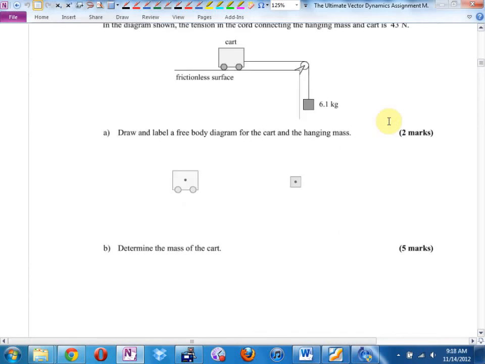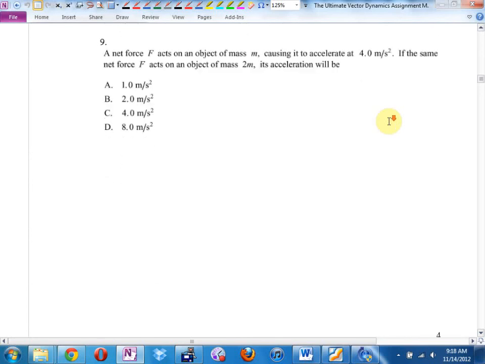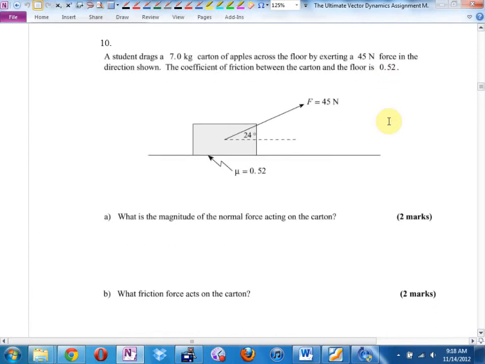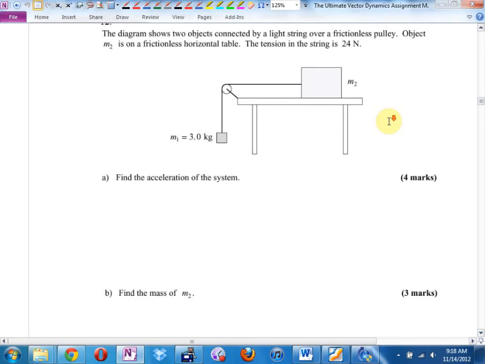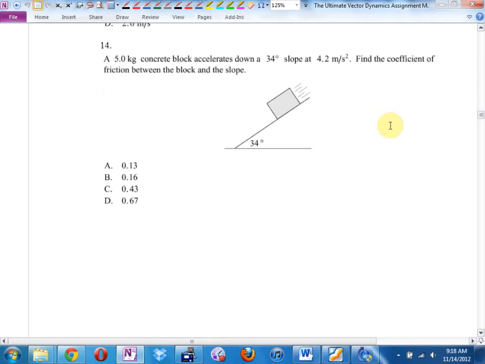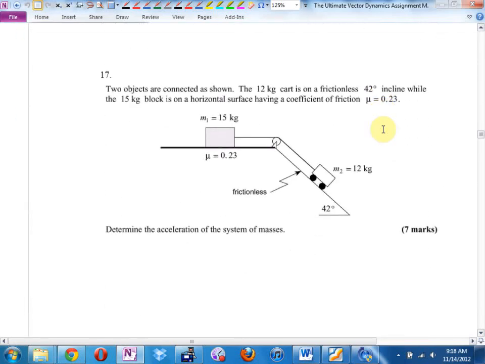I like that, yeah. 7. 9. 10. 13. Oh, sure, 14. 15.